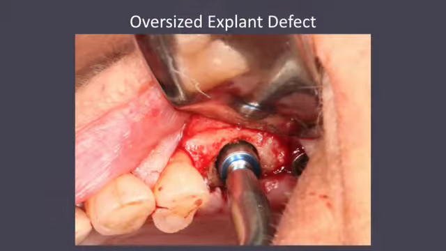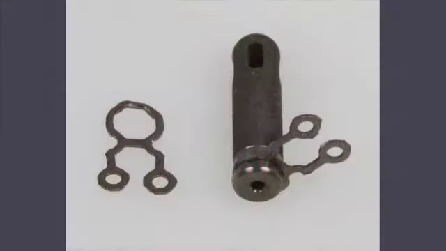In fact, when an oversized implant is placed into this defect, there is a gap between the titanium cylinder and the bone 360 degrees around the cylinder, and there is no bone at the apical end because the sinus floor is missing as well. In addition, this implant is a plasma sprayed dental implant.